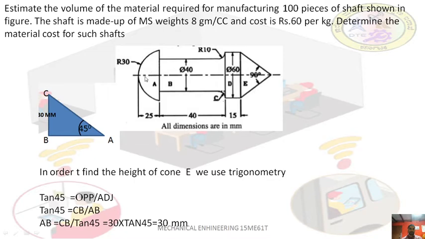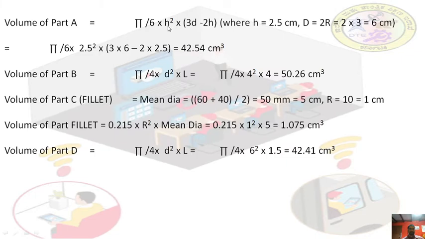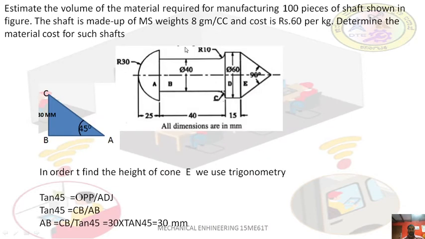So the first part is the semi-sphere. The volume of a semi-sphere is given by pi by 6 h square (3d minus 2h), where d is the diameter of the sphere and h is the height of the semi-sphere. Here the radius is given, so the diameter will become 60.